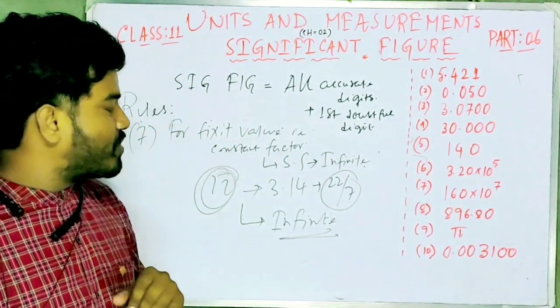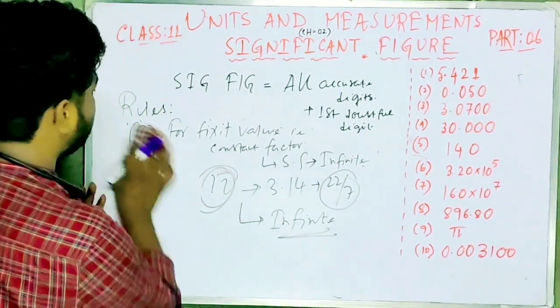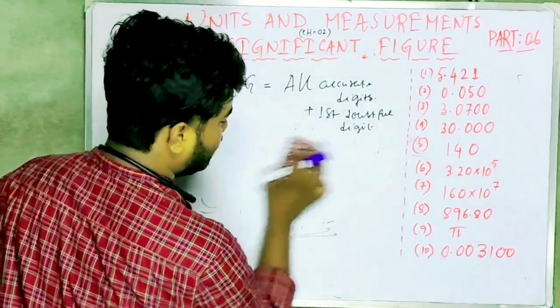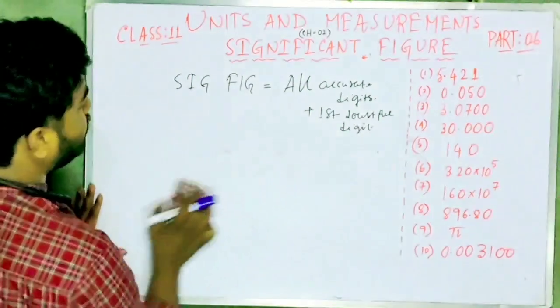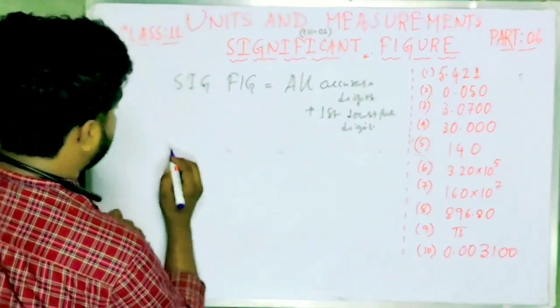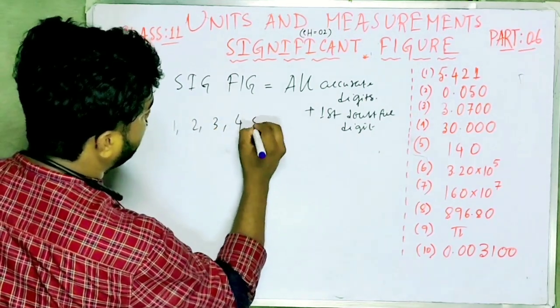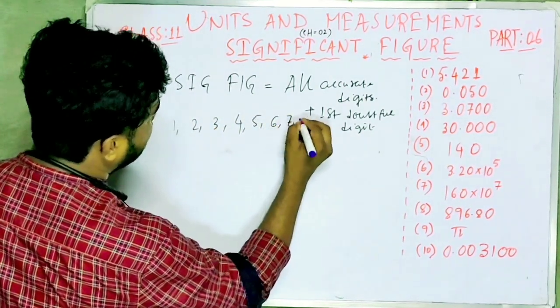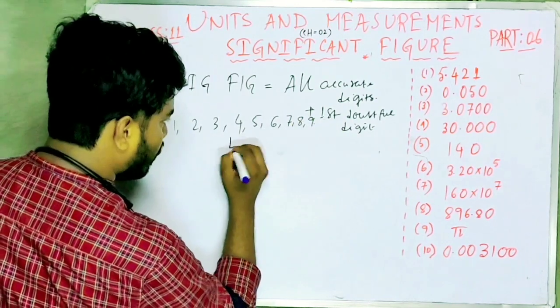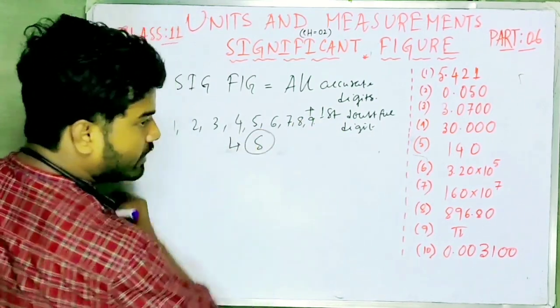Okay, there are some tricks, just see it. So what is the summary of these rules? That is 1, 2, 3, 4, 5, 6, 7, 8, 9, non-zero, significant.